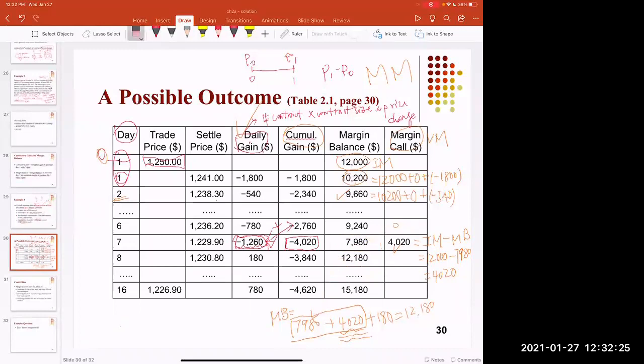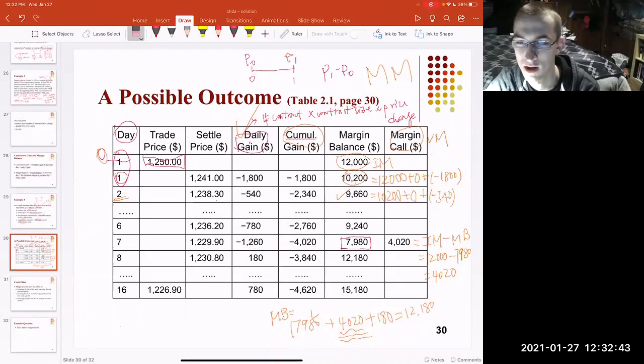And how to get this number, 7,980? You would subtract your daily loss from your previous margin balance.